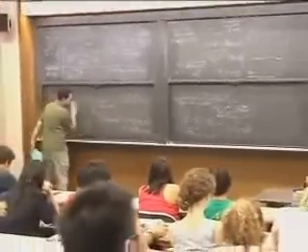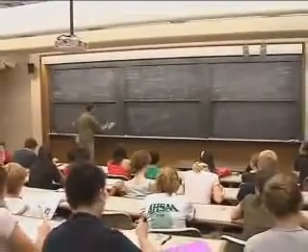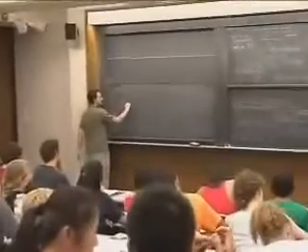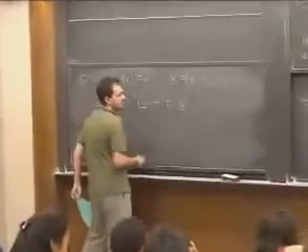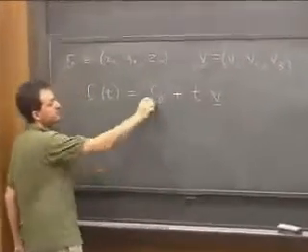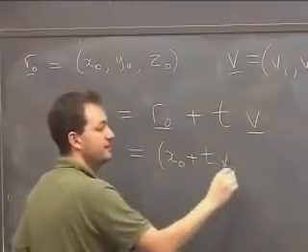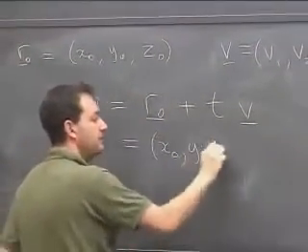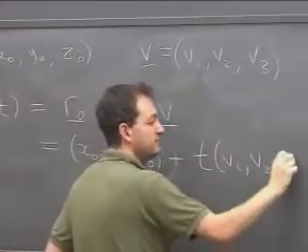Later, as I said, we'll be doing a lot with parameters, so if you didn't get what I said then, you will no doubt get it later just by virtue of seeing so many hundreds of examples of curves. And the formula for r of t, just by taking it as R0 plus tV and doing this by coordinates, you get x0, y0, z0 plus t times v1, v2, v3.